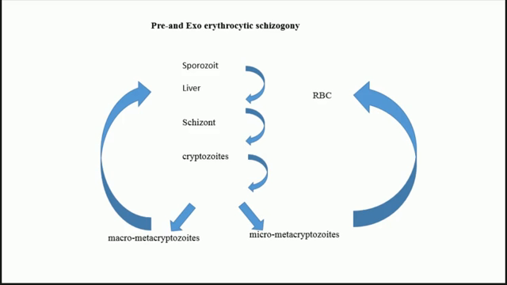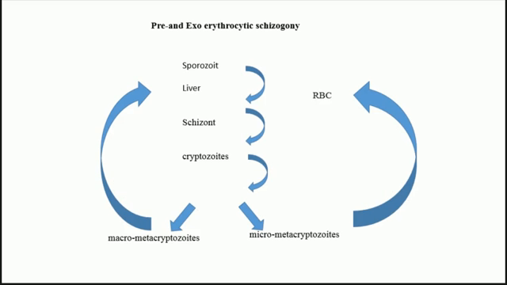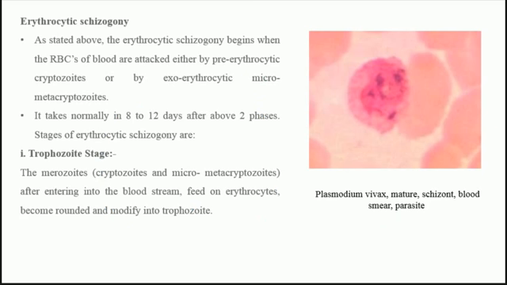Now here onwards we will start with today's topic, that is the erythrocytic Schizogony, meaning when the micro-metacryptozoite enters into the RBC.